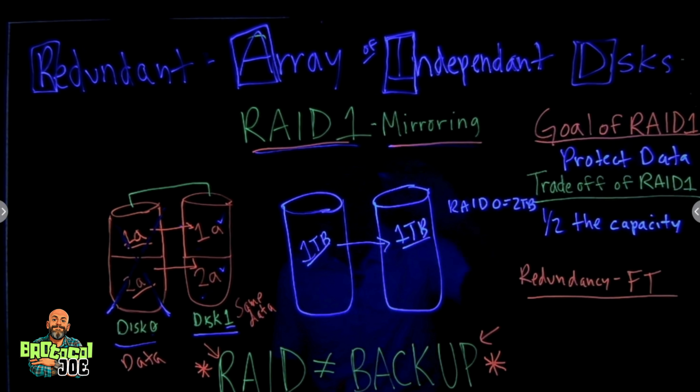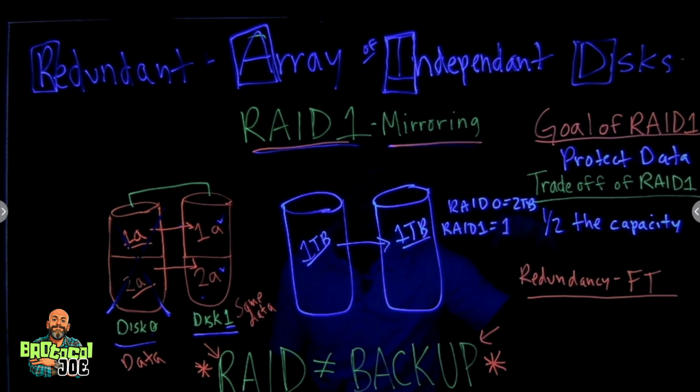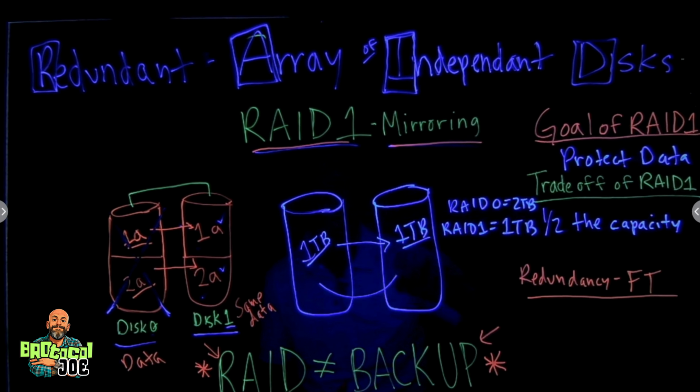But here on RAID 1, that just equals 1 terabyte because the data is an exact copy from disk to disk. So that is a trade-off of RAID 1. Because if you think about it, it is basically backing up the other disk in real time. So you are sacrificing storage space, but it is for protection.